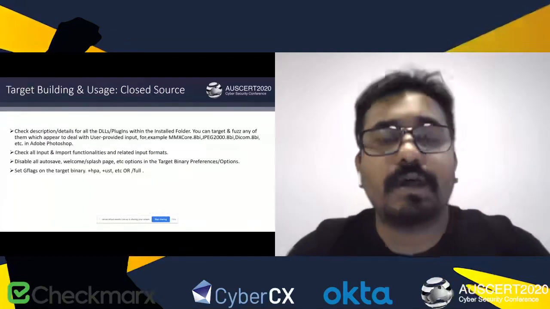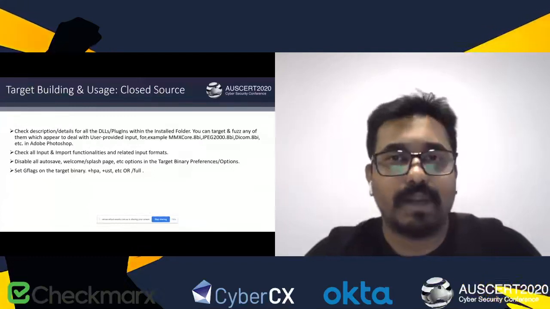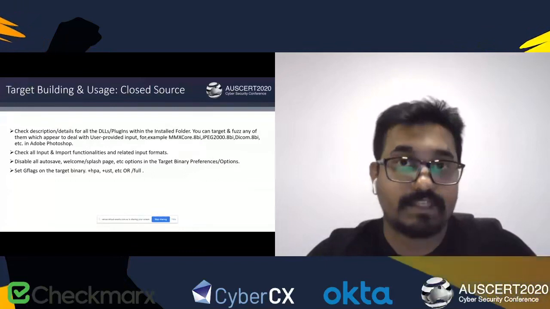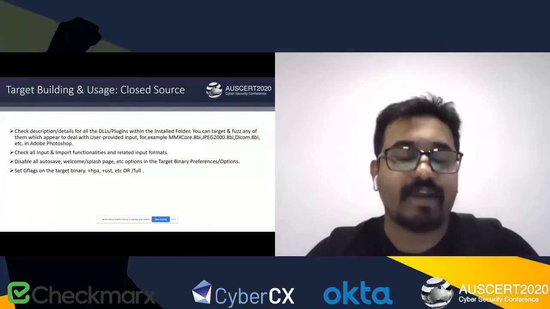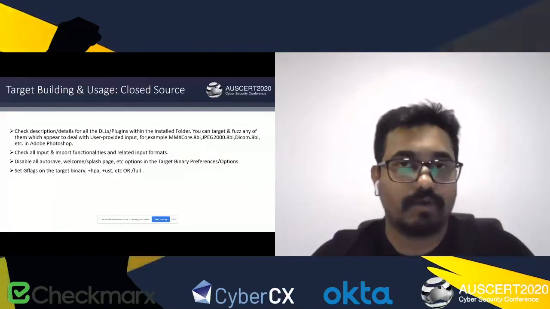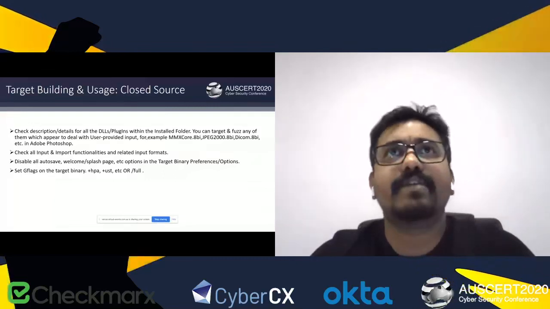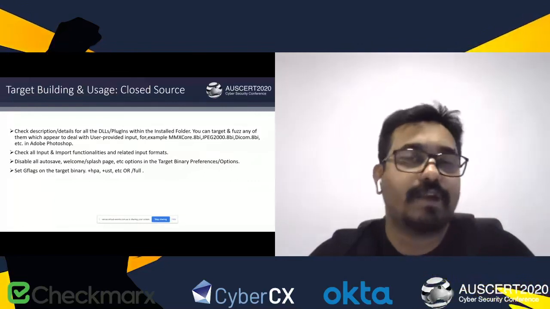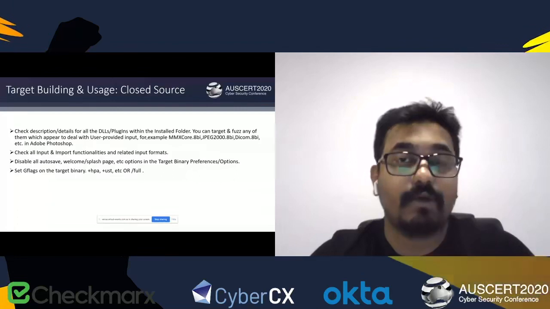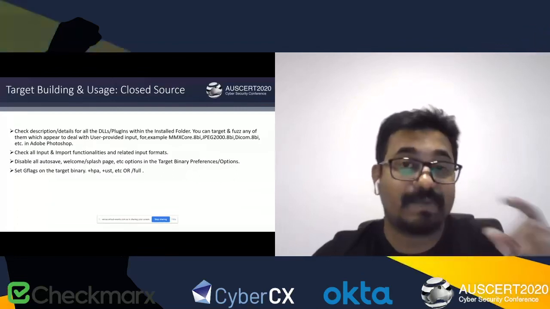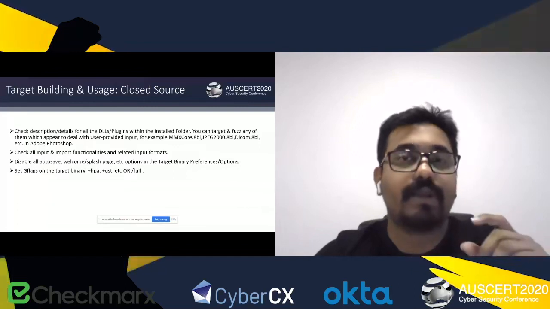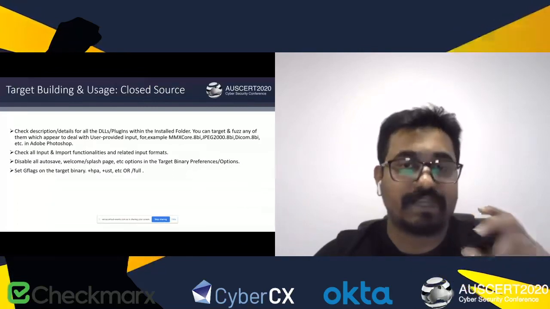For closed source, you don't have the source code, you can't build it, but you can use some tools to enhance your approach for finding vulnerabilities. So there are two ways that you can test closed source applications. Before, you were just testing the whole application, but today there are a few tools like WinAFL and DynamoRIO, which you can use for testing just a specific DLL, not the whole application, but just one particular component if you're targeting a particular set of formats.